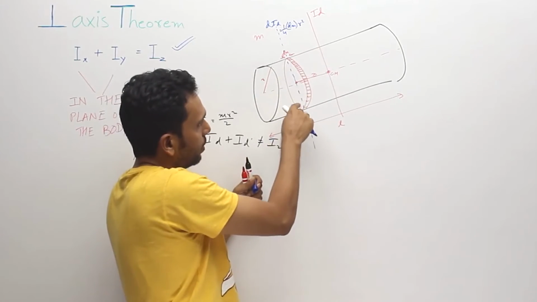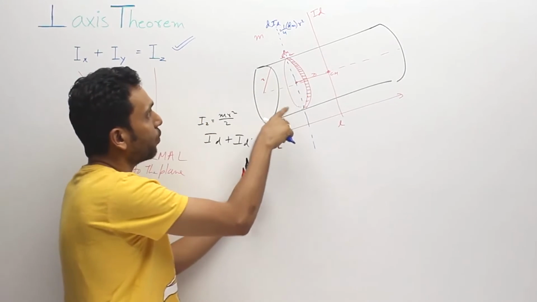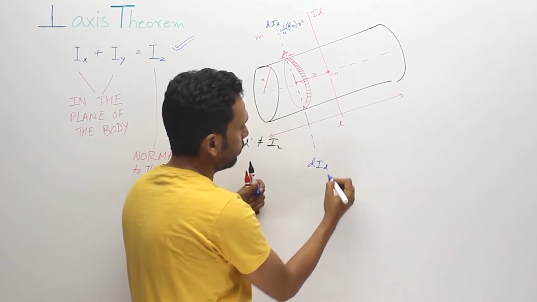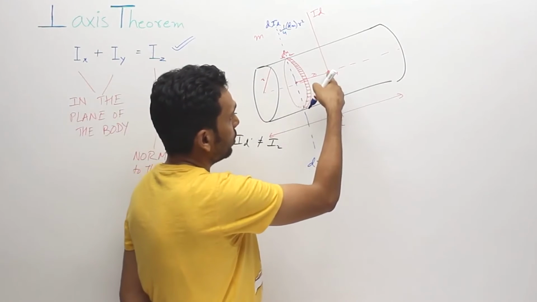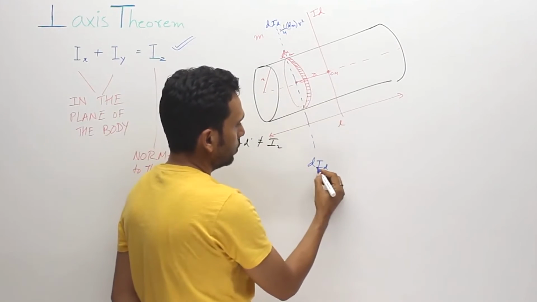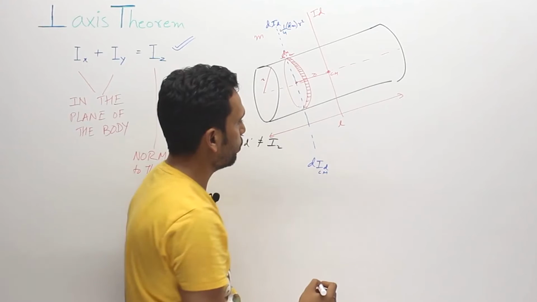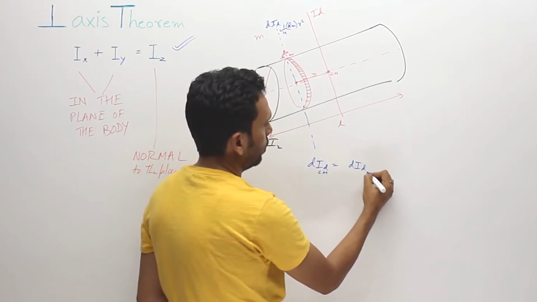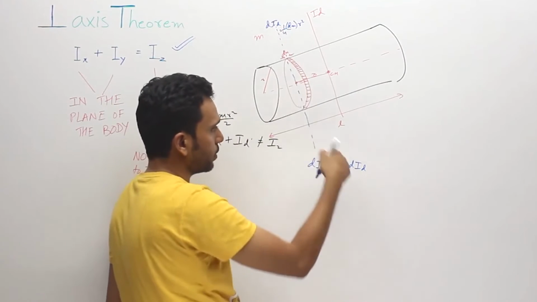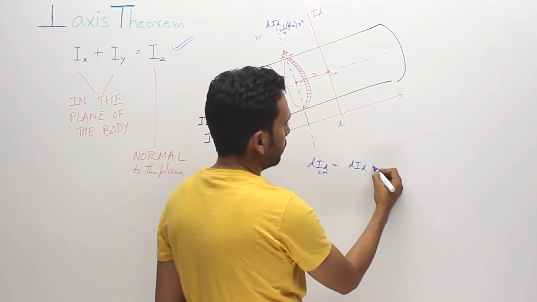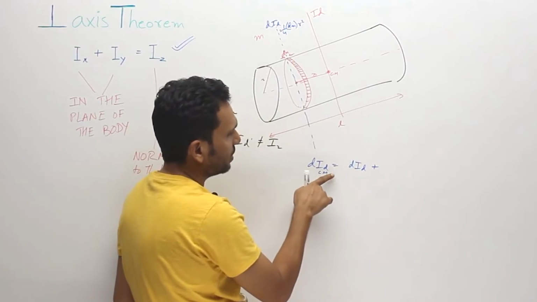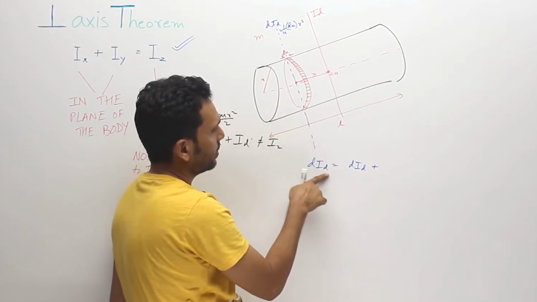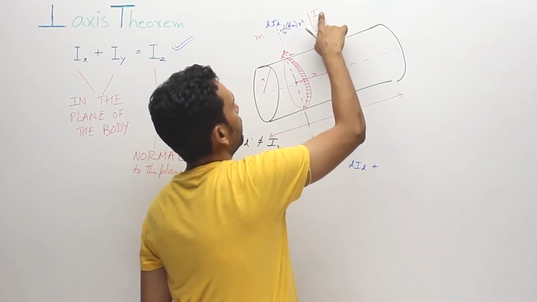So you'll get the moment of inertia of the elementary mass about the center of mass of the body. About the CM of the body you'll get, which will be equal to about its own axis, so it is its own CM. So you can just call this one as capital D.